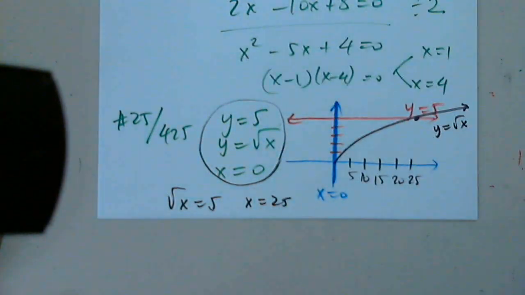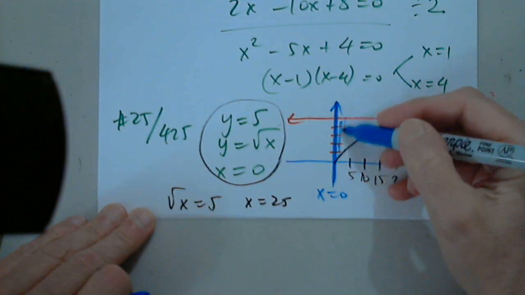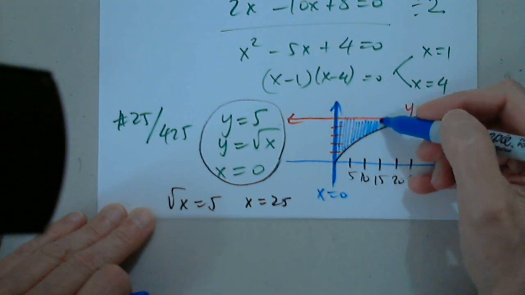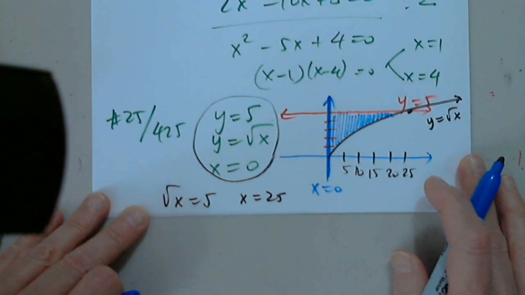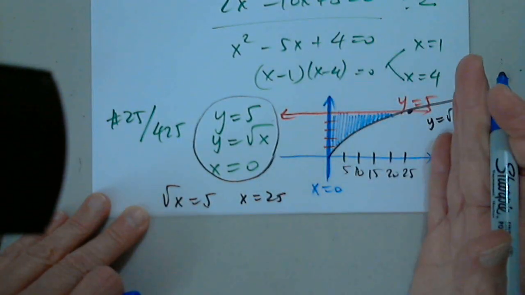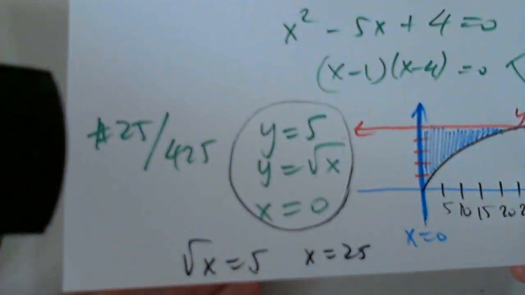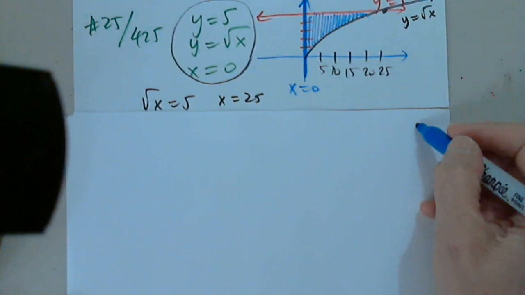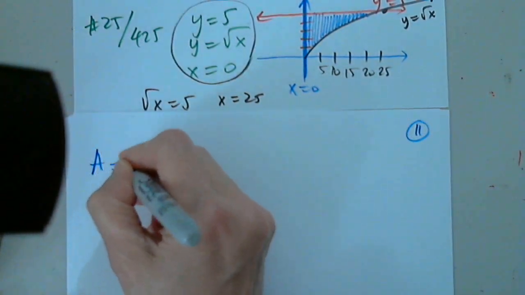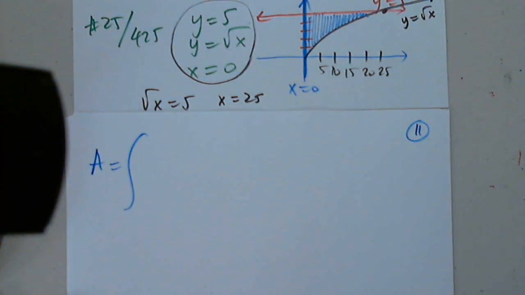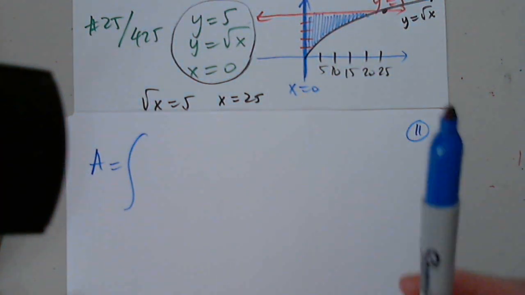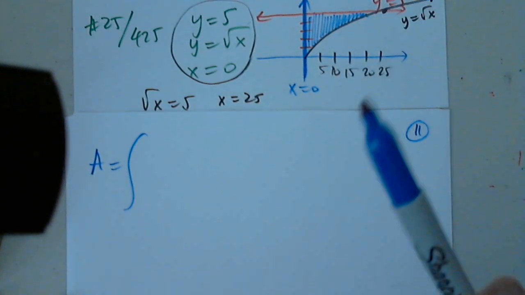So where is the area enclosed by these three? Between which values of x? Is it 0 to 25? Very good.